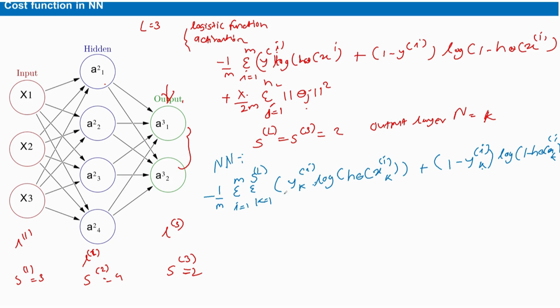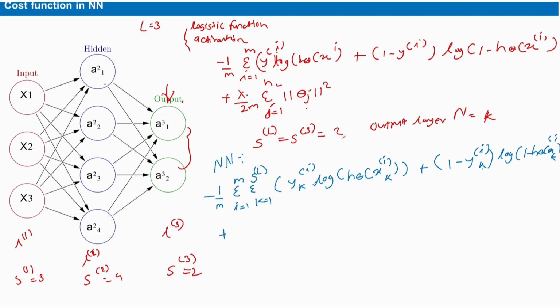Then again, as I said, we need to use the regularization term, and the regularization term is applied on all the weights. In the neural network, the weights are associated with all the layers, so here we need to consider the layer also.